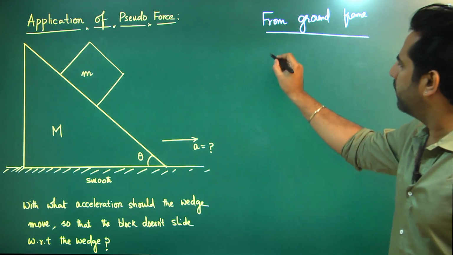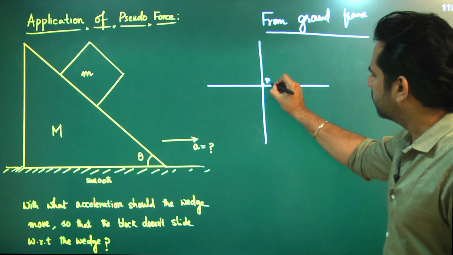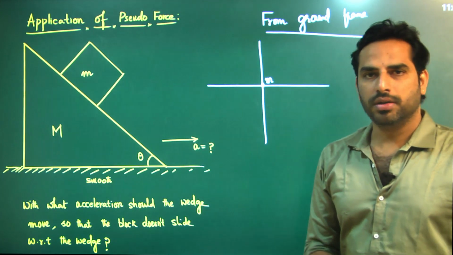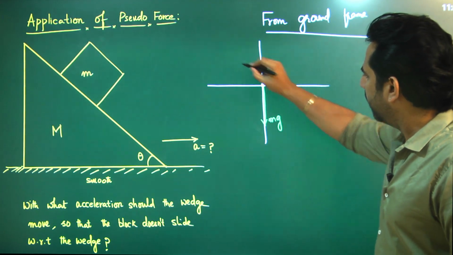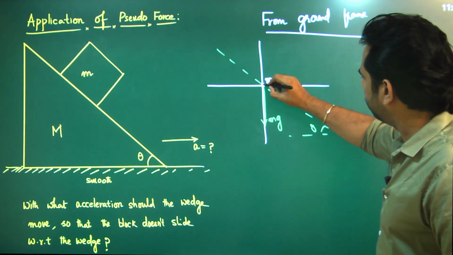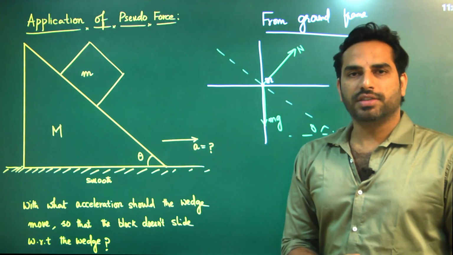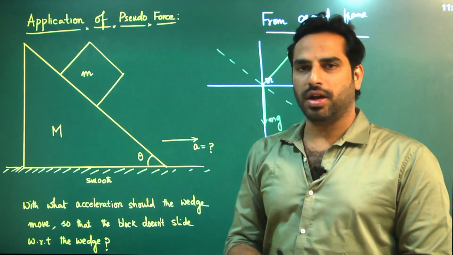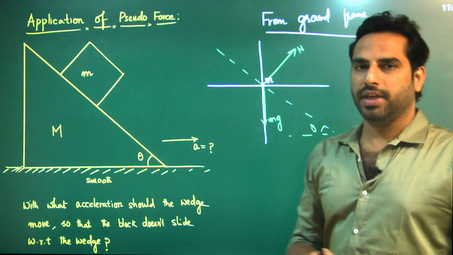I am drawing the free body diagram of the block. This is a block of mass m, and there are two forces acting on it: its own weight mg acting downwards, and the normal force applied by the wedge perpendicular to the wedge surface. If the block does not slide with respect to the wedge, then observed from the ground, the block moves along with the wedge with common acceleration a.